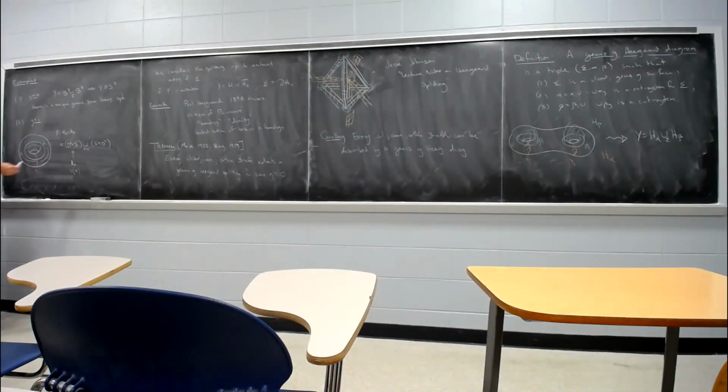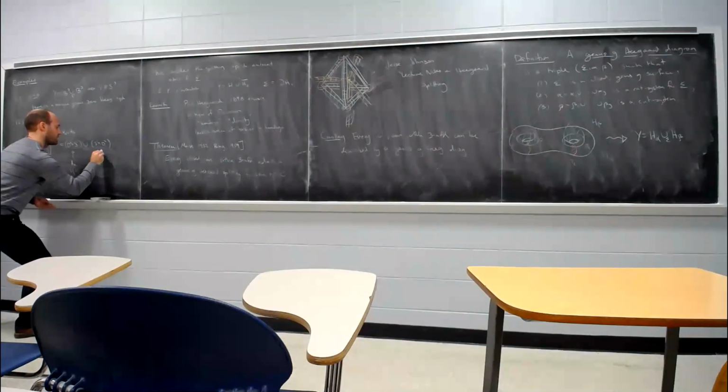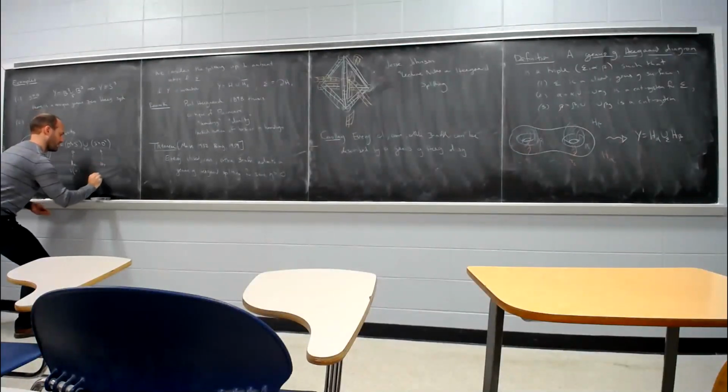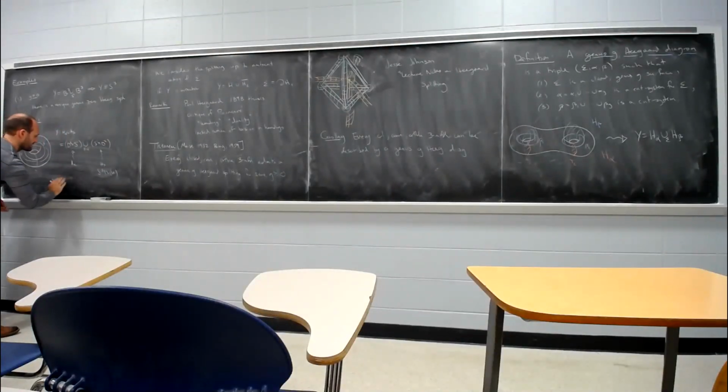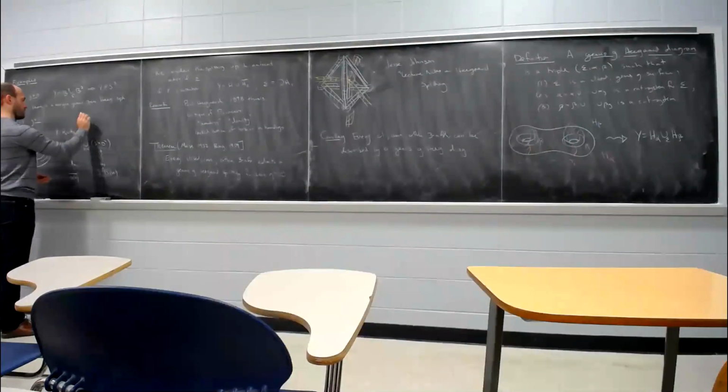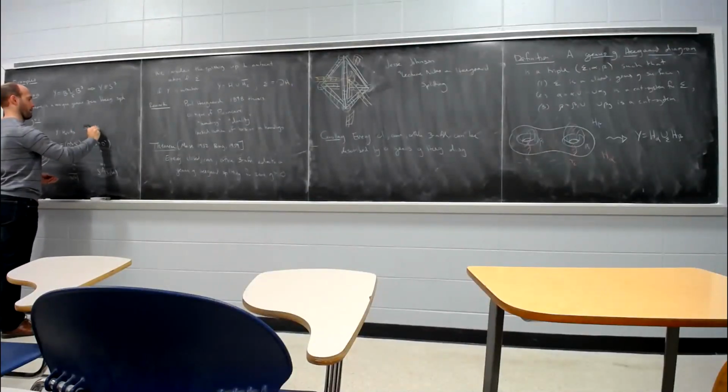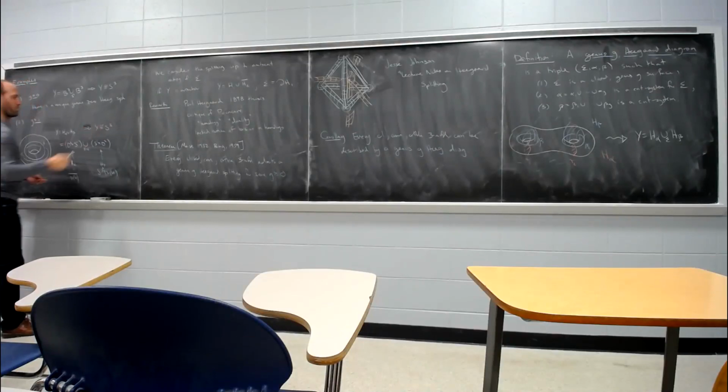Then this piece here is just the exterior of the, maybe this is the closure of a regular neighborhood, this piece is just the exterior of the link. Because when we remove a regular neighborhood of it, we're left with a solid torus. And so we see that again, this implies that Y is S^3.